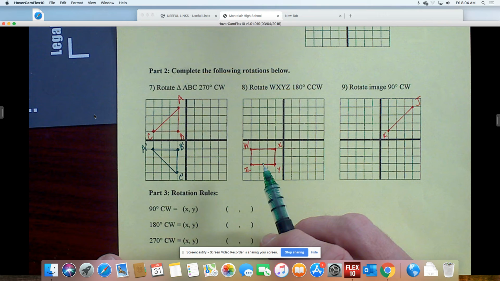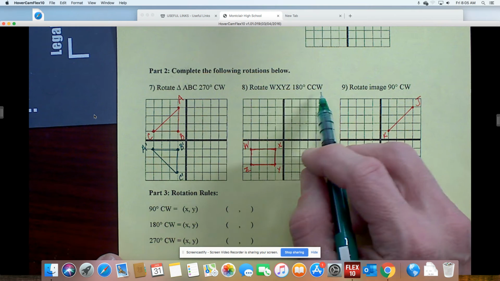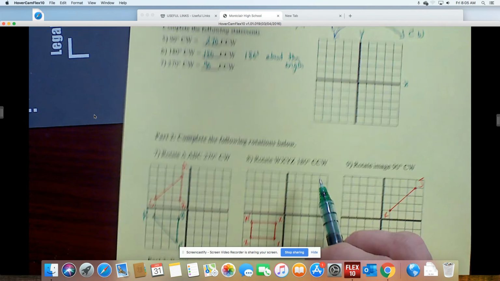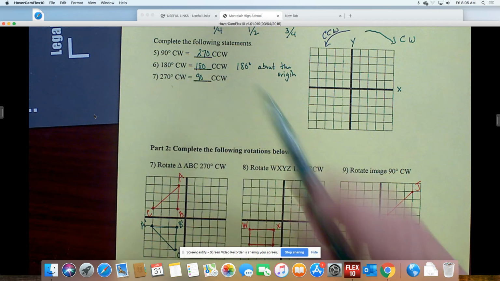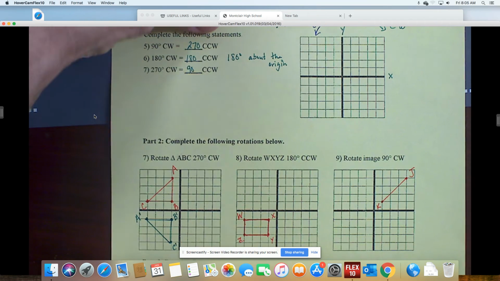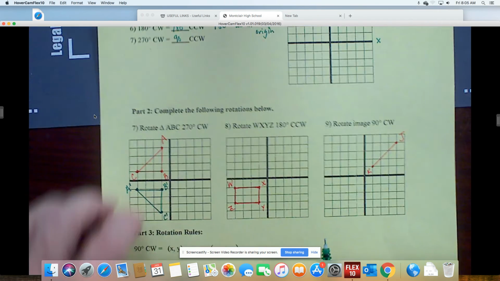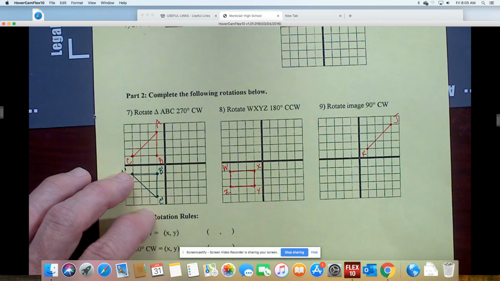For the middle one, it says 180 degrees counterclockwise. Again, we looked up here and it said it didn't really matter if we went clockwise or counterclockwise because we got in the same spot. So let's do the exact same thing as we did on the previous one. I'm going to change colors.